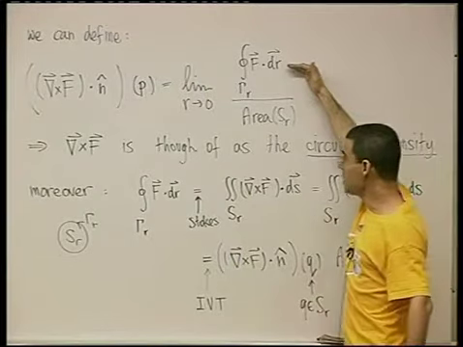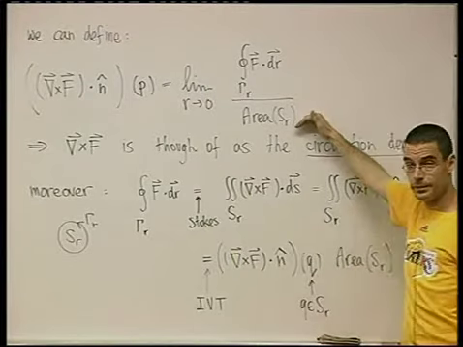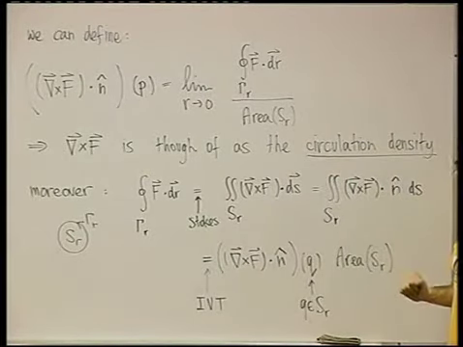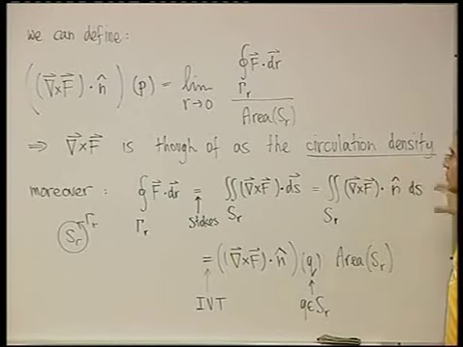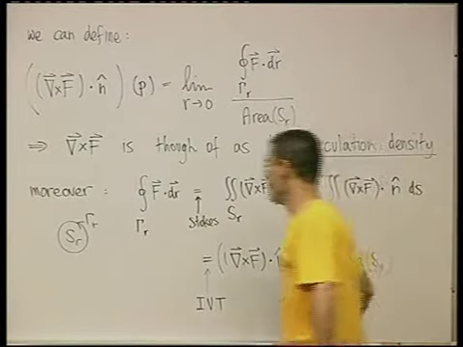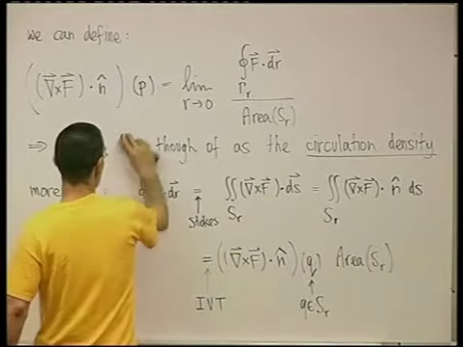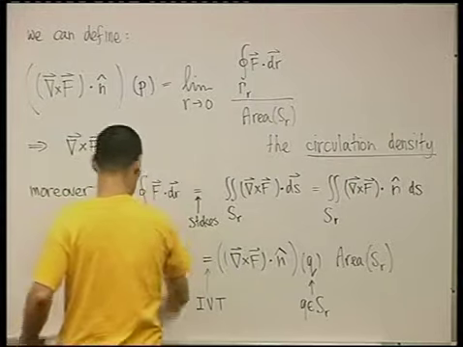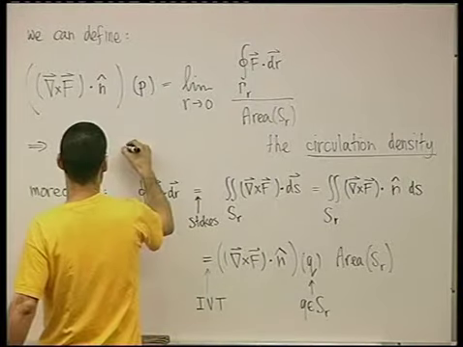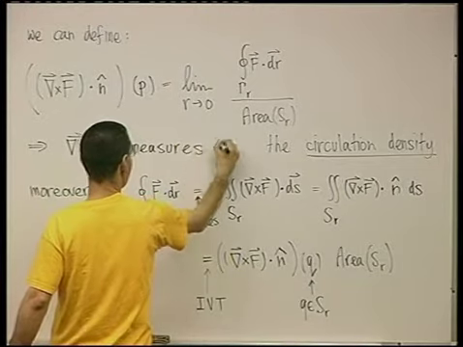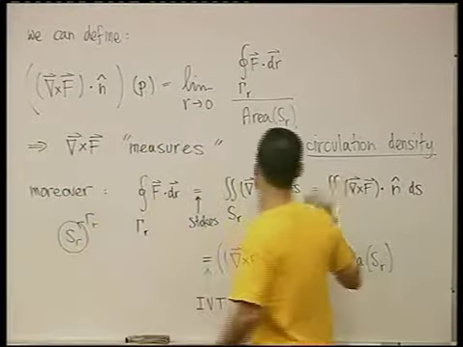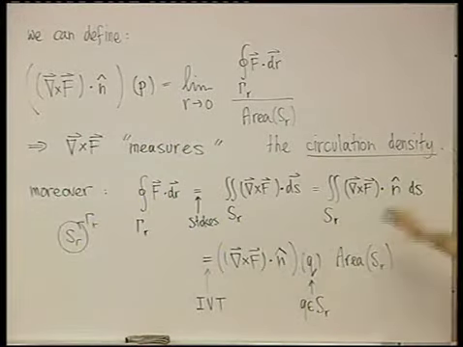Okay, circulation per area. That's circulation density. Clear? So the rotor of F measures the circulation density of F.